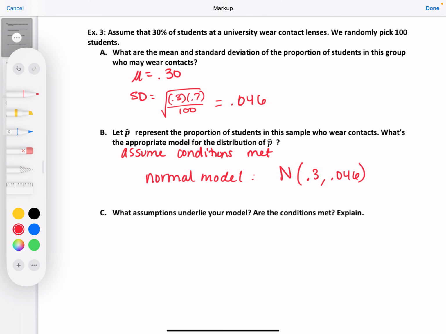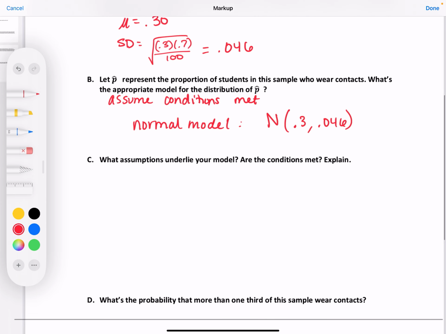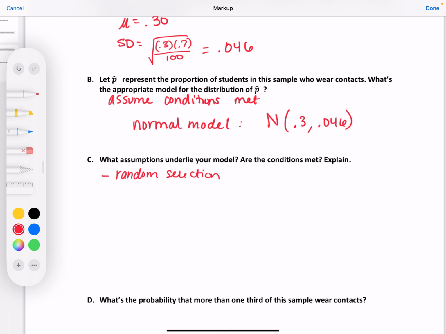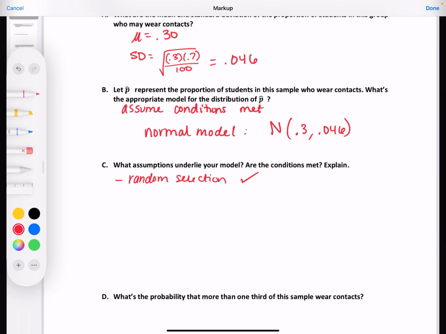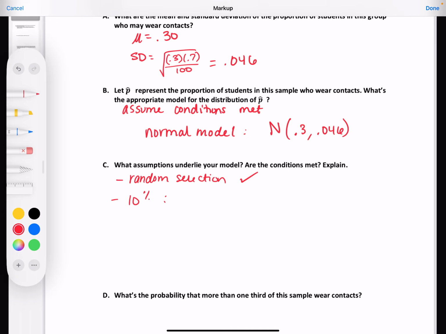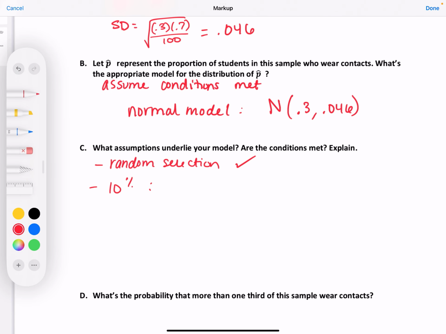So what assumptions underlie your model and are they met? So we care about random selection, which we know occurred because it says we randomly pick 100. 10% condition. Are 100 students less than 10% of all university students?